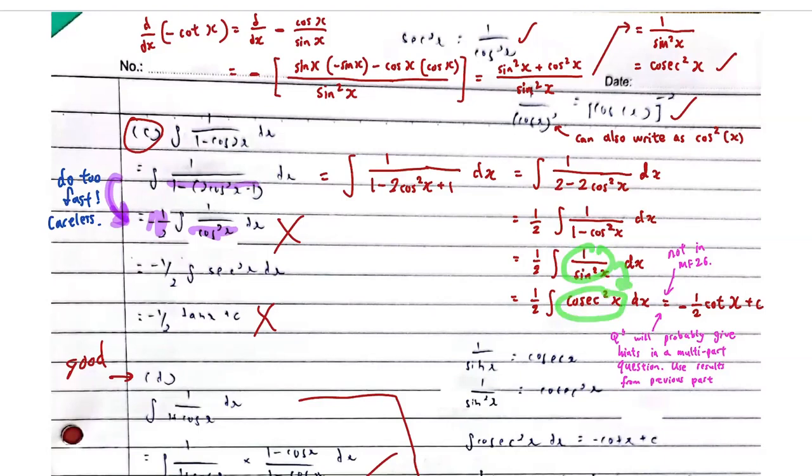Then the integral of cosecant square, technically it is not in the MF26. So you just have to somehow know it. Integrating cosecant square. Memorize. I typically don't memorize it. I try to derive it. But in this case, there's sine square plus cosine square equals 1.